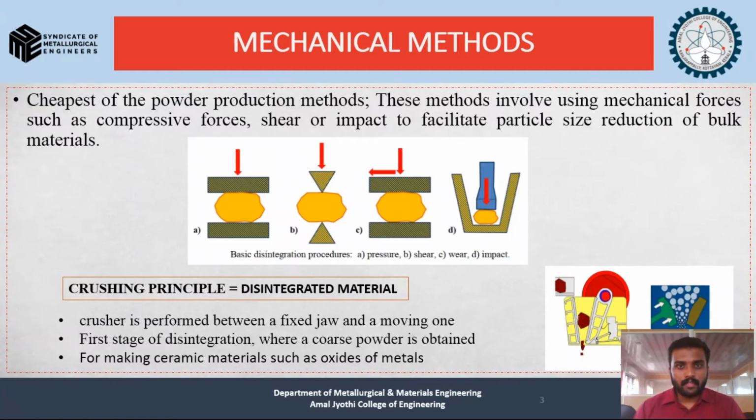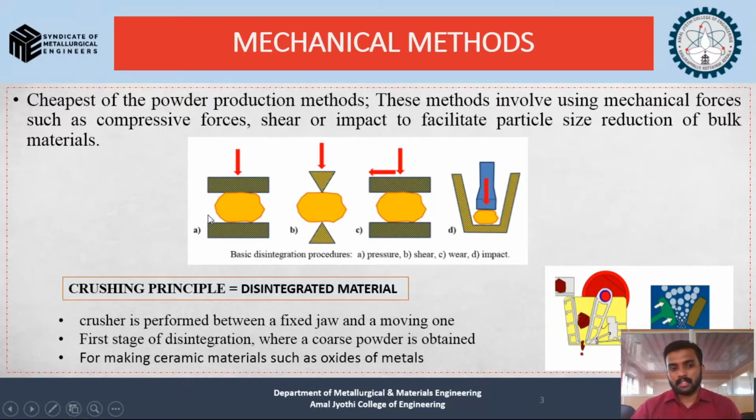Initially we will take mechanical operation first, because this is one of the cheapest methods for the production of powder, and the method usually involves mechanical force. We are relying on mechanical force to crush the material or the ore into final products. From this figure, this yellow colored rock we can term as an ore. We take the run of ore and crush it. We have different means by which we can crush those lumps of ore.